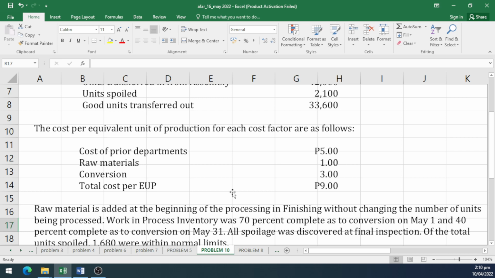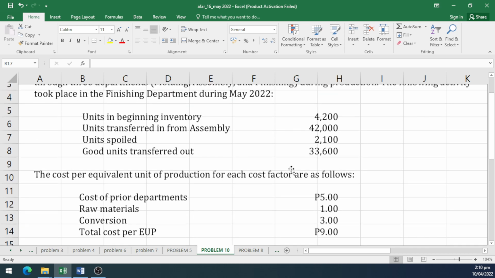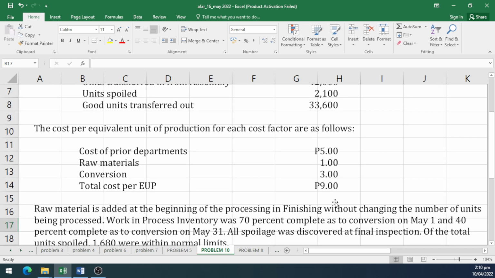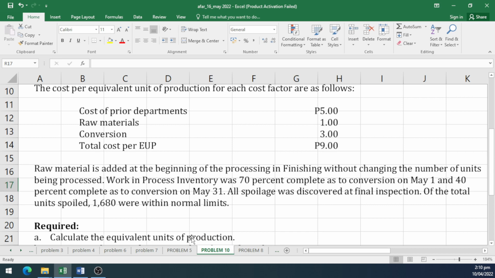So, given na yung cost per equivalent unit dyan, ano? Unit spoiled 2,100, and it says there that of the total spoilage, 1,680 were within normal limits.